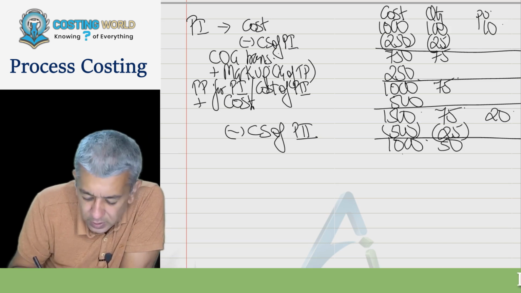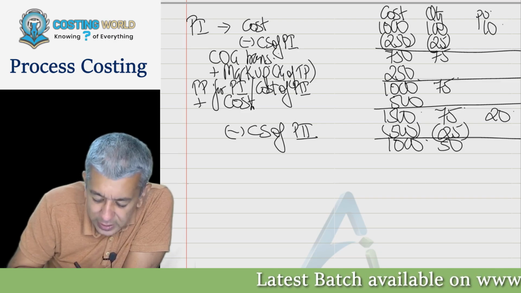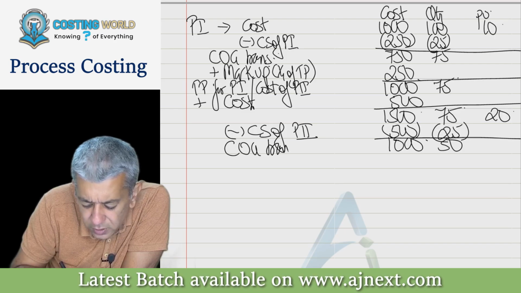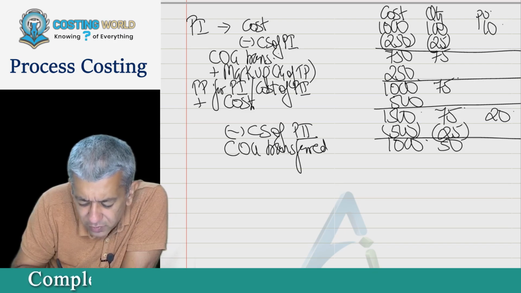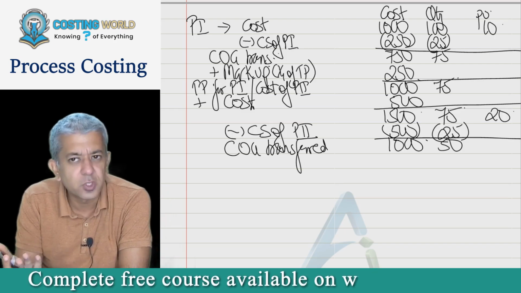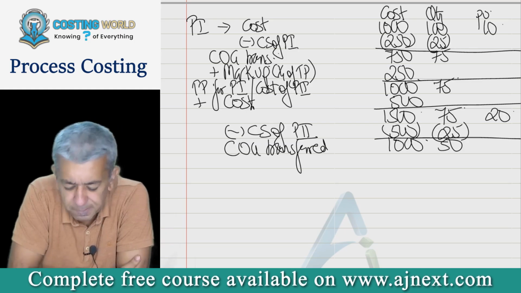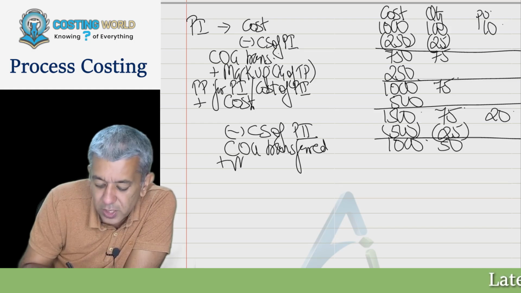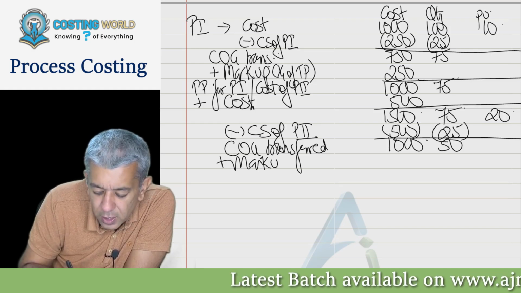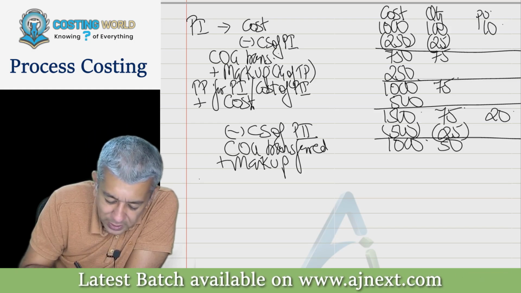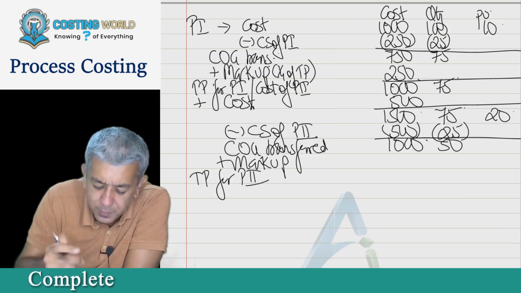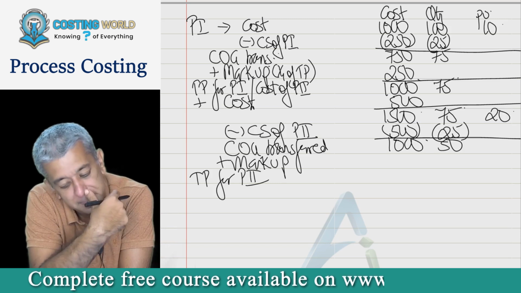Now, listen. This is cost of goods transferred to the next particular department. We have transferred 50 units to the next particular department. Whenever we will transfer, we will also charge our markup here. Now, the moment we do that, can we say this will give me the transfer price for P2 department? That's okay? Yes, sir.